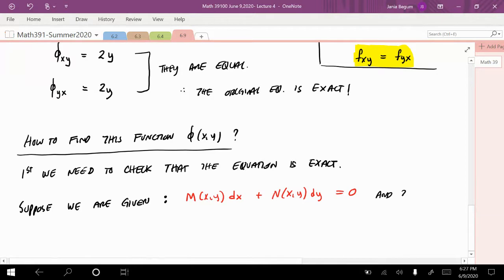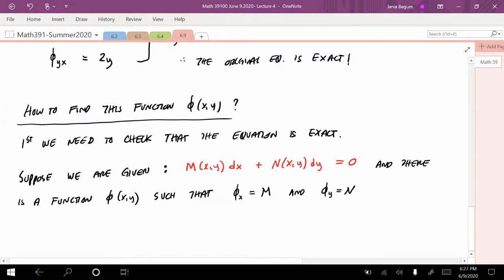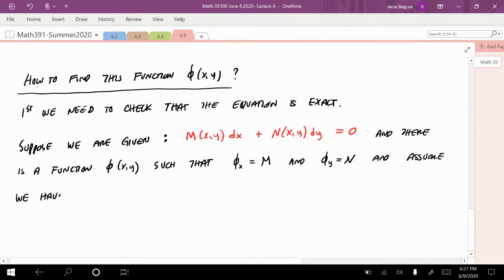if you're given this statement, and there is a function phi of xy such that the partial derivative, phi of x, which we call m, and phi of y, which we label as n, and assume we have continuous partial derivatives.